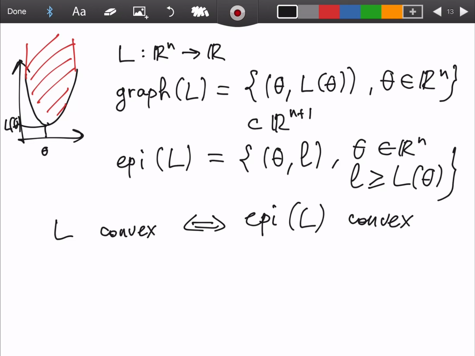I think this is much cleaner. And you can say that L is concave. There is no concave set, but there is a concave function: a function whose negative is convex.